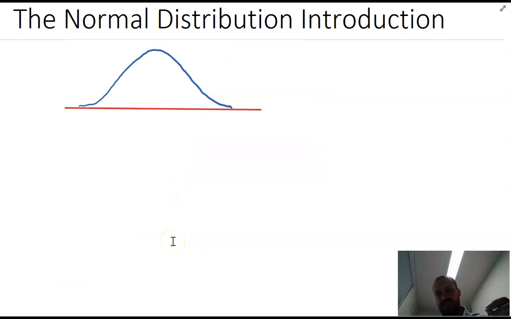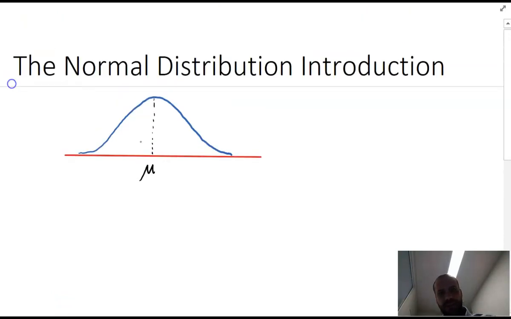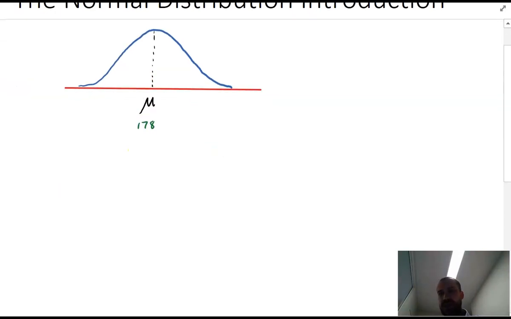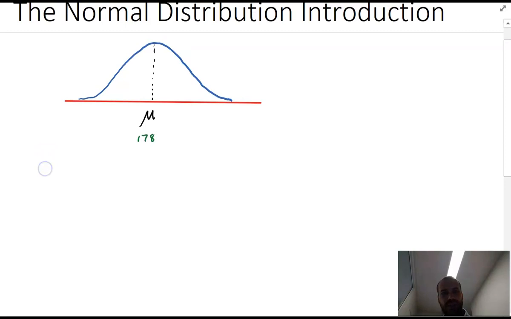I'm going to do a little sketch of a normal distribution and mark up a few key points here. Now, this is my normal distribution. The mean of my normal distribution is always here, and it's represented by this, mu. In the instance of my heights, that was 178 centimeters, but that can obviously be anything depending on what we're measuring with our normal distribution.